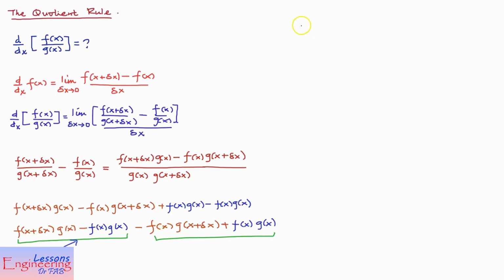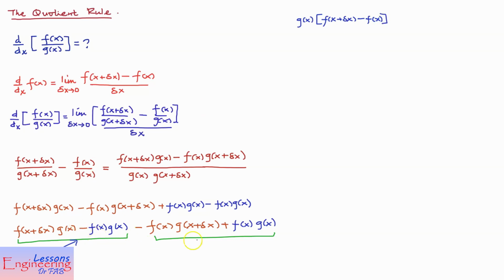That will be g of x, so g of x can be factored out, and we'll be remaining with f of x plus sigma x from here, and minus f of x here.